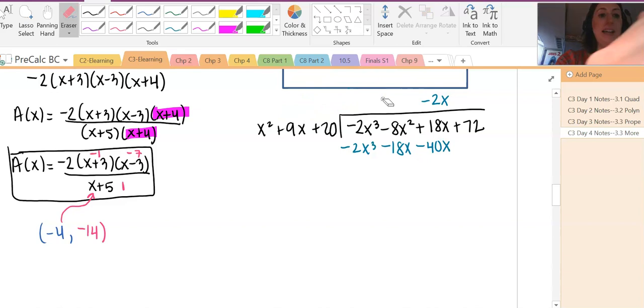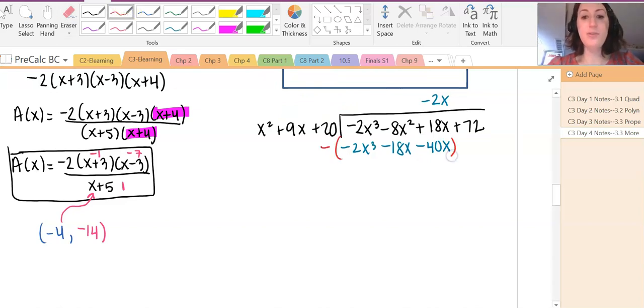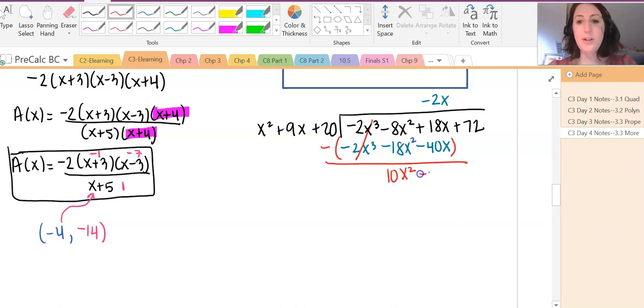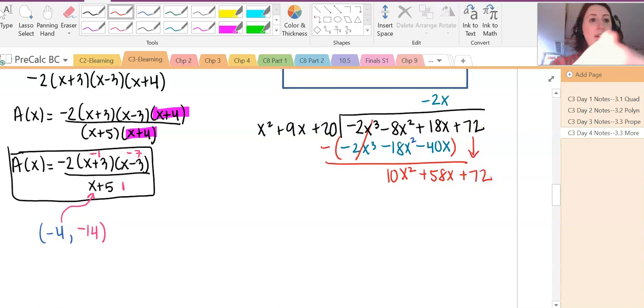Okay, and then in long division we are subtracting. -2 minus -2 cancels. -8 minus -18, that's -8 plus 18, that's 10, and I lost my squared right here, 10x squared. 18 minus -40, that's 18 plus 40, which is 58x. Okay, bring down your 72. Okay, now we're going to do this again. x squared times something is 10x squared.